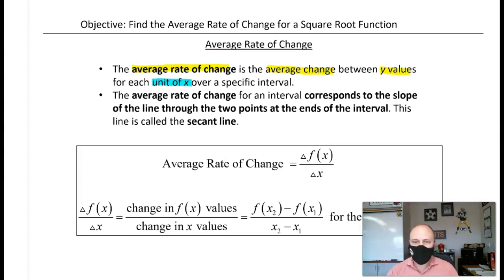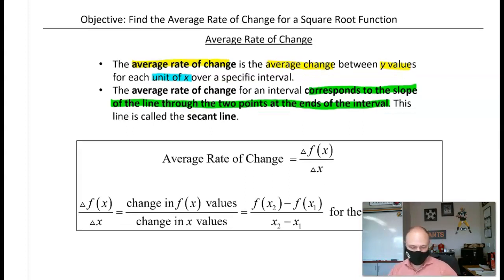The average rate of change for an interval corresponds to the slope of the line through the 2 points at the ends of the interval. So we're just finding the 2 points and calculating the slope.